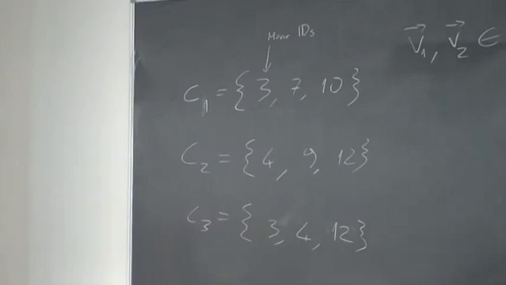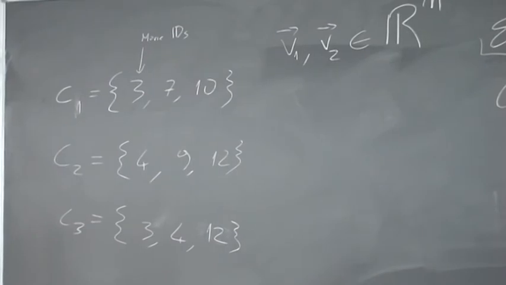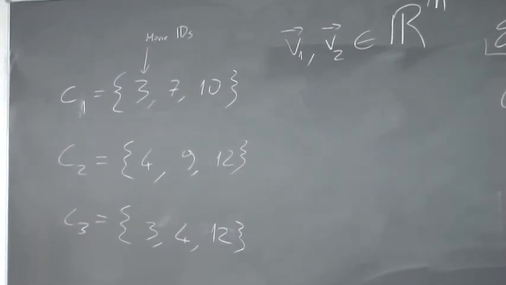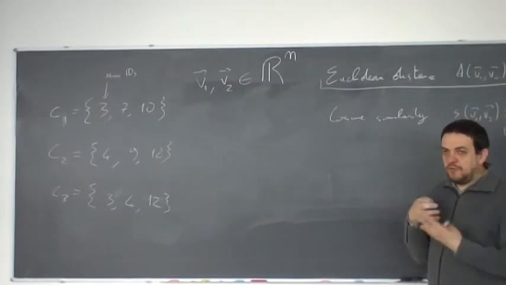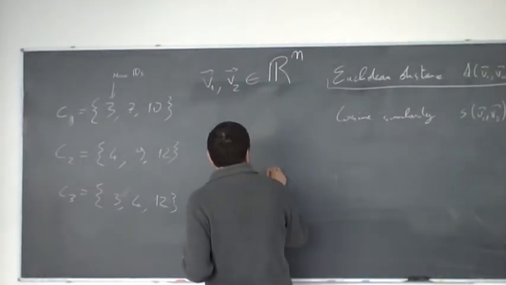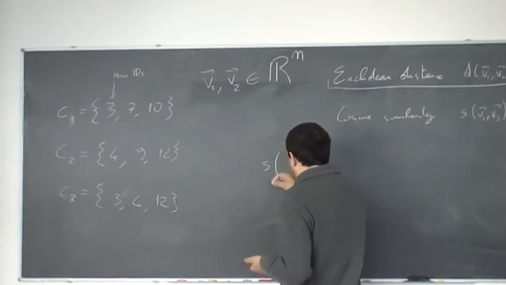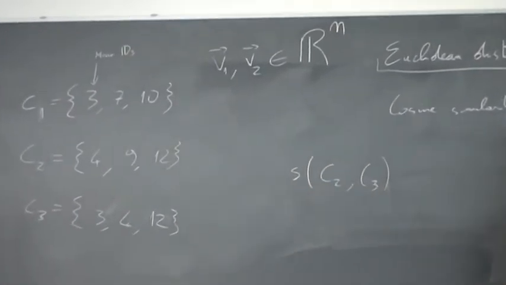If you want to look at the similarity between two customers, you can count the number of common items. How many movies were purchased by both customers? So, what's, for example, the similarity between customer 2 and 3?